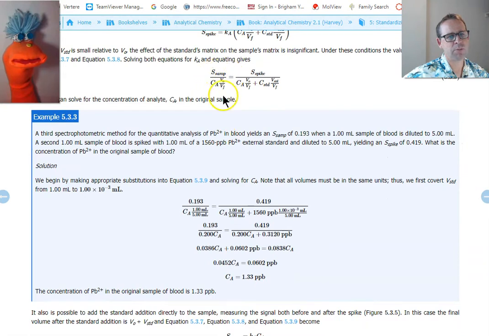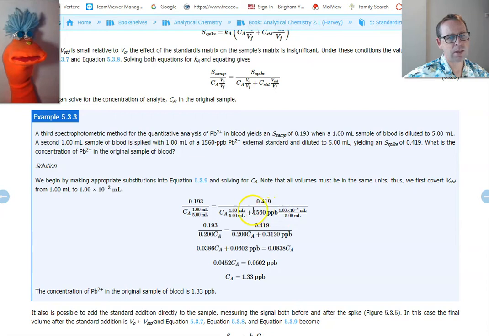So the signal from the sample, 0.193, the signal from the spike, 0.419, the concentration of A, and that is 1 divided by 5, plus the concentration of the standard, the volume of the standard, 1 times 10 to the minus 3 milliliters, divided by 5 milliliters.